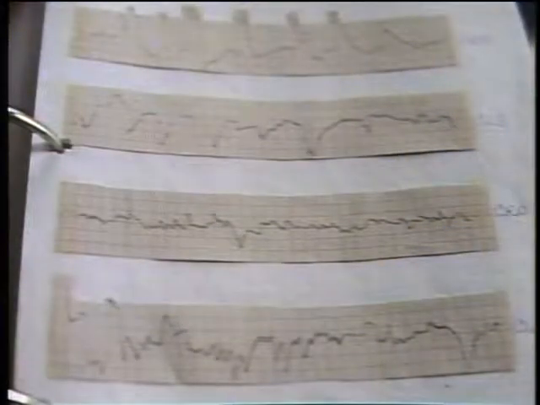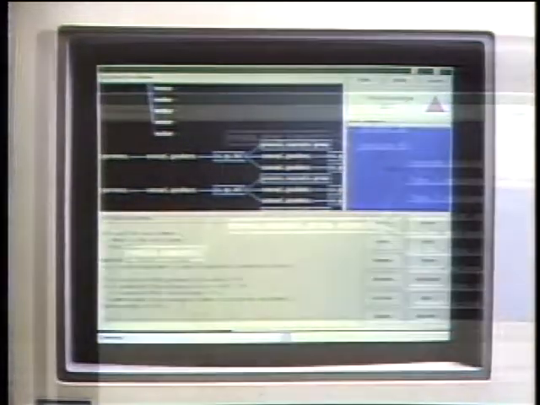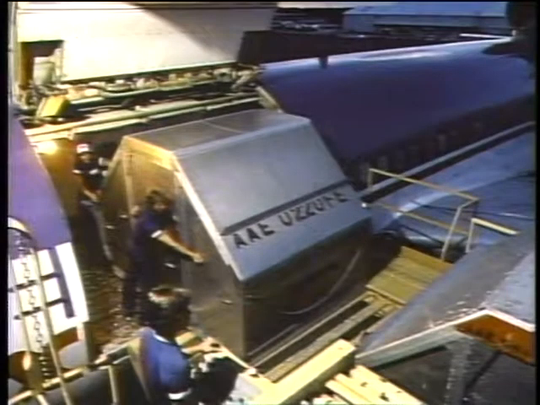Teknowledge's expert systems have also been used for such diverse applications as analyzing brain waves in employee drug testing, and by Federal Express to keep track of the spare parts needed to keep its fleet in the air. The benefits from an expert system range from what we call human quality improvements.